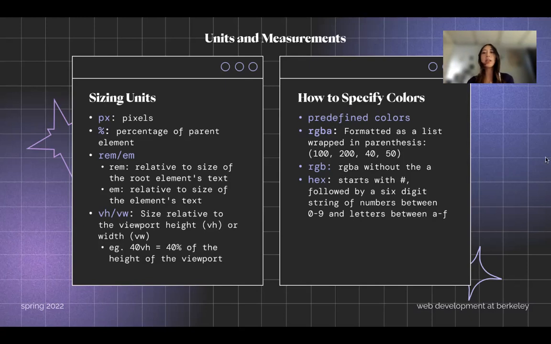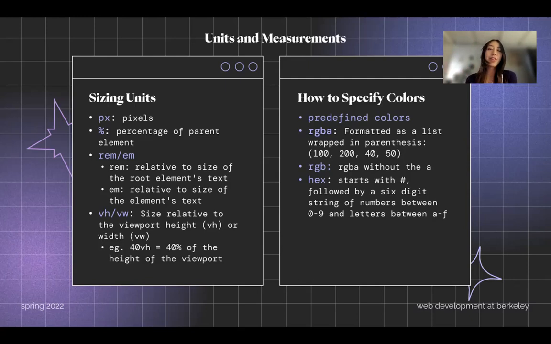And here's a column about how to specify colors in CSS. There are some nice, convenient ways. First, there are predefined colors. For a lot of really basic colors like red, pink, you can just literally type in the word pink and it'll set whatever you want to pink. Next, you can use rgba, which is formatted like this in parentheses. The first, second, and third elements stand for your red value, your green value, your blue value.